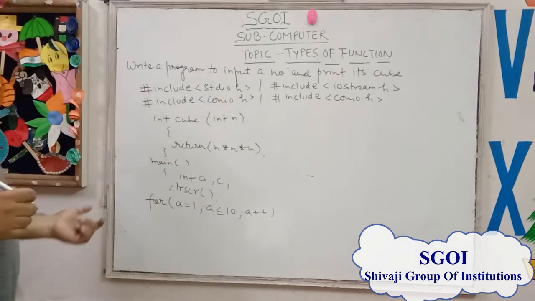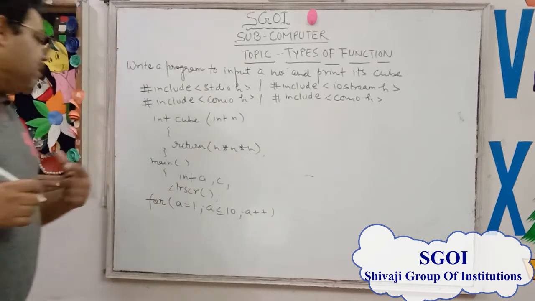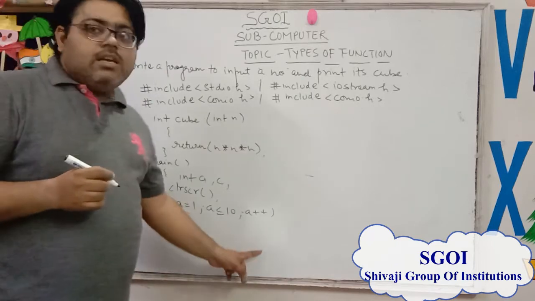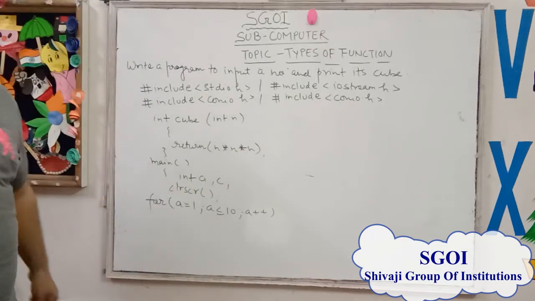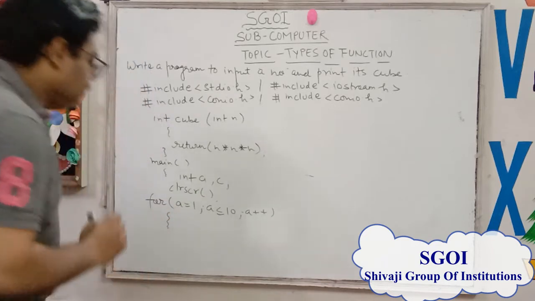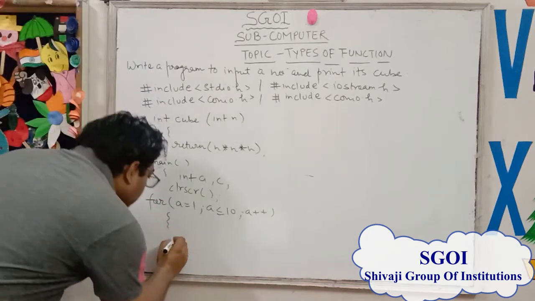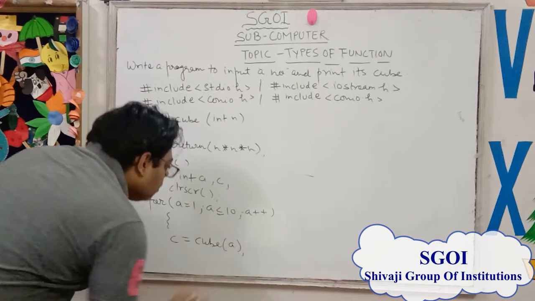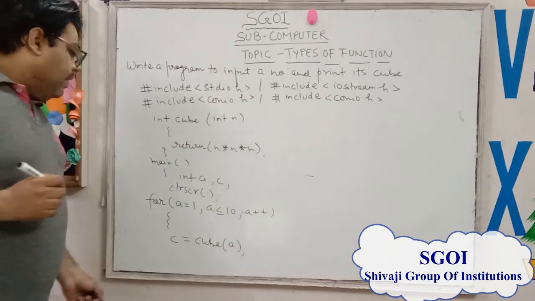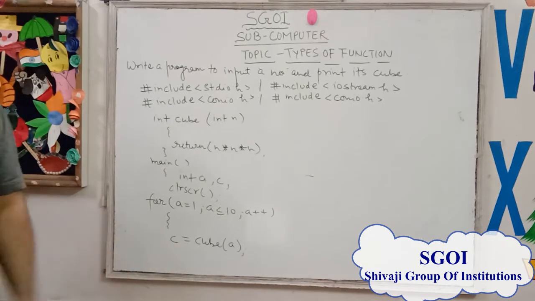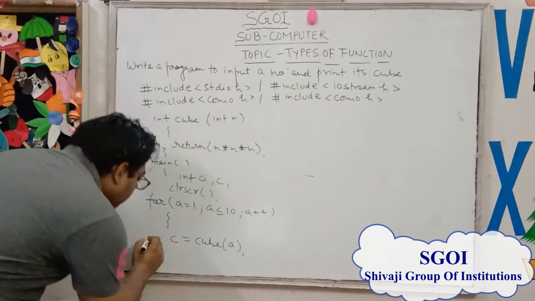In the for statement, the first statement is initialization, the second is condition and the third is increment or decrement operator. If we want to find the cube, then we write this statement, c equal to cube(a), and then we print.